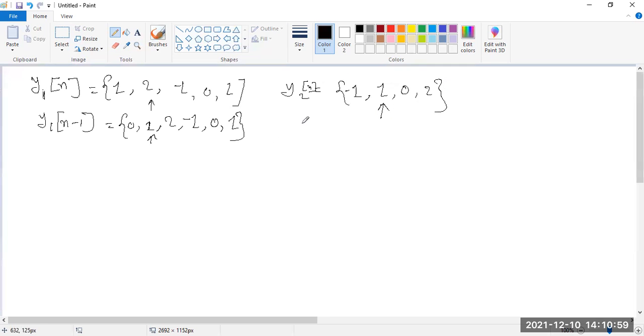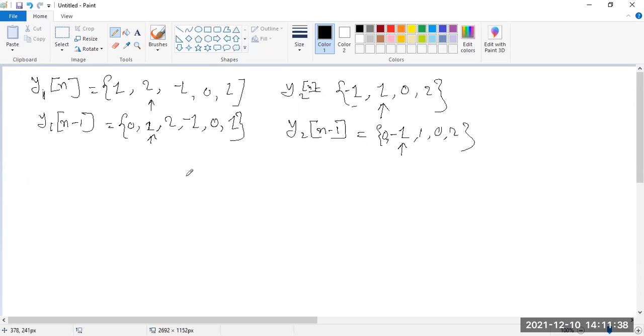Okay, then we can apply y2 of n minus 1, and you may shift in this way: minus 1 coming over here, 0, 1, 0, 2. So if I add this and it resembles y3, then only our system is okay, otherwise it is not.